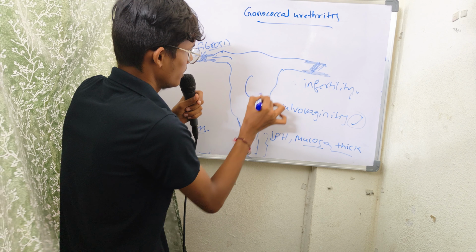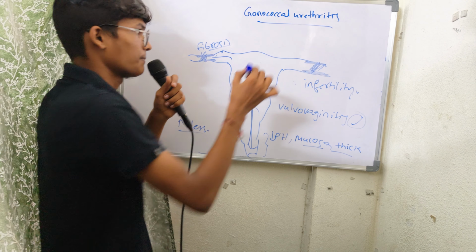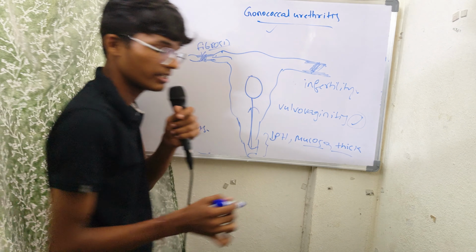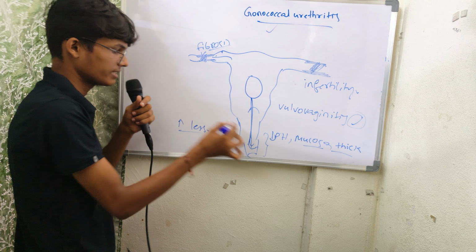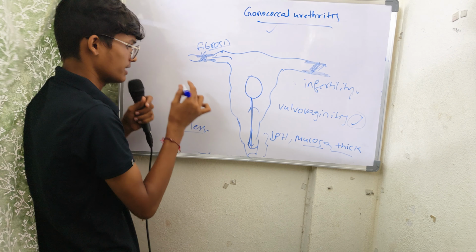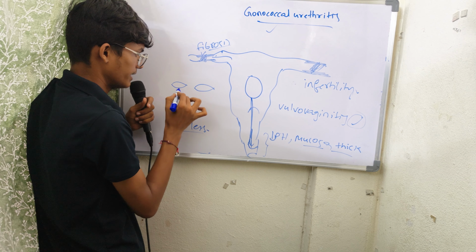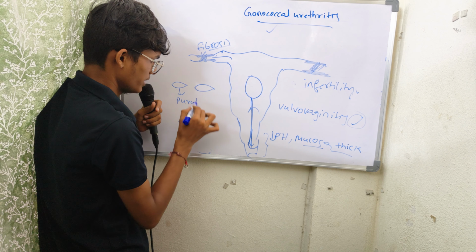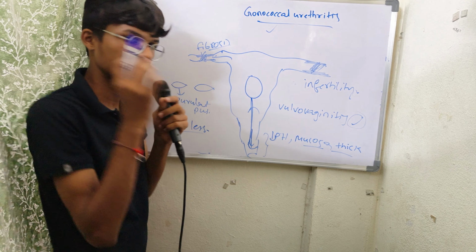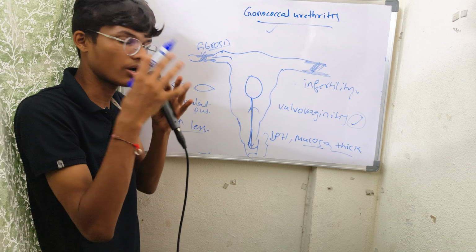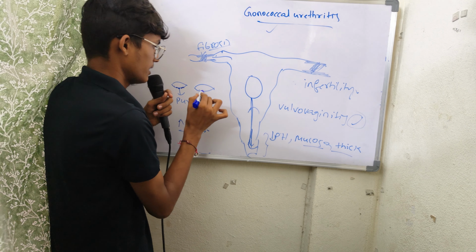Whenever the fetus passes through the vaginal birth canal, if the woman is affected by Neisseria gonorrhoeae, the conjunctiva of the infant may get purulent pus. Why? While passing, he might come in contact with the bacteria, so his conjunctiva may get affected.